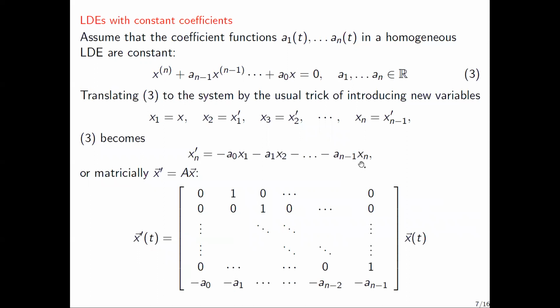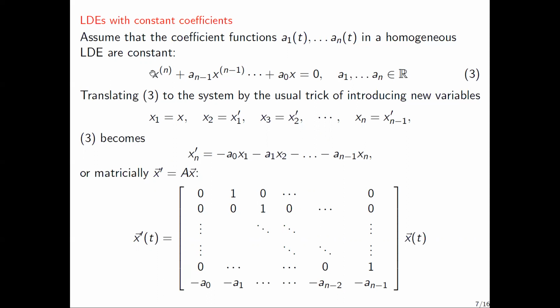And it's easy to see that the determinant of this companion matrix is just the so-called characteristic polynomial, which is obtained just by replacing the ith derivative with lambda to the power of i in our differential equation.